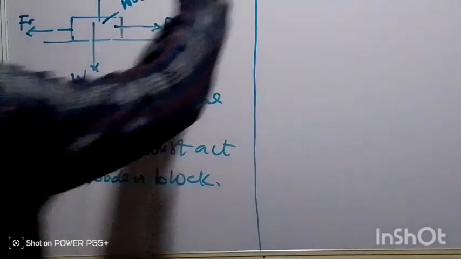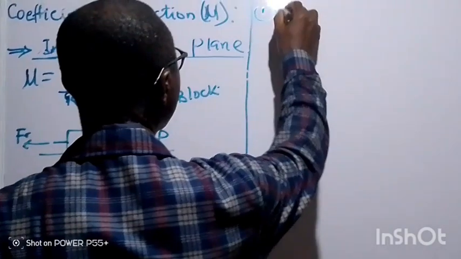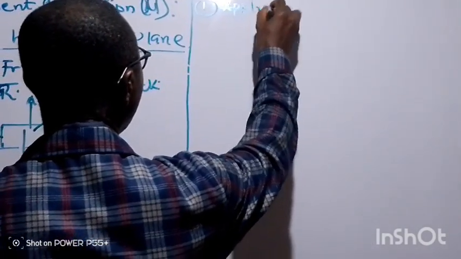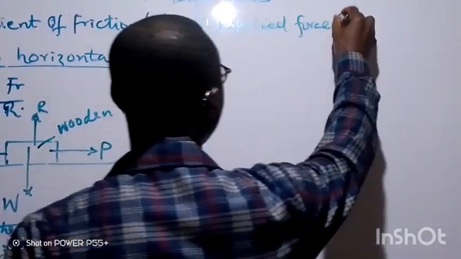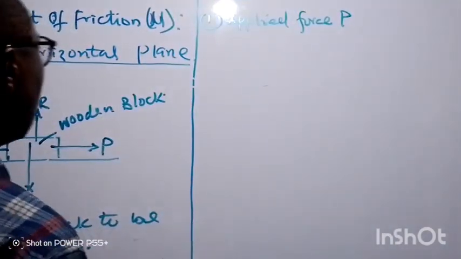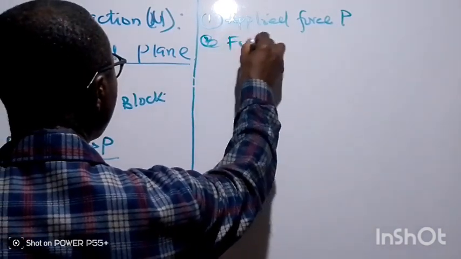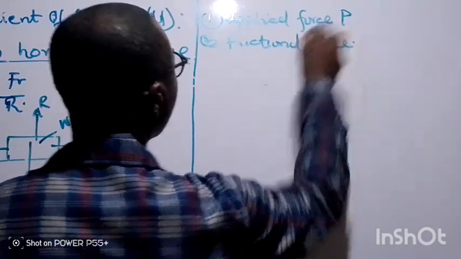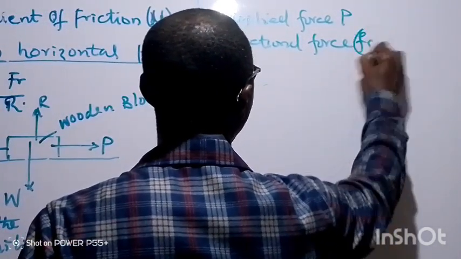Number 1 is the applied force, which is labeled P. Number 2 is the frictional force, which is labeled Fr.